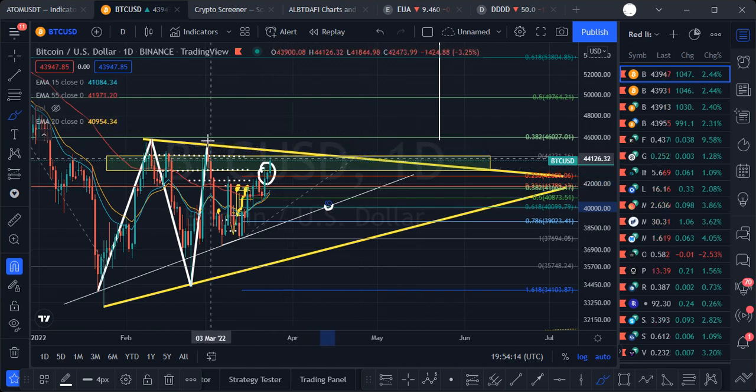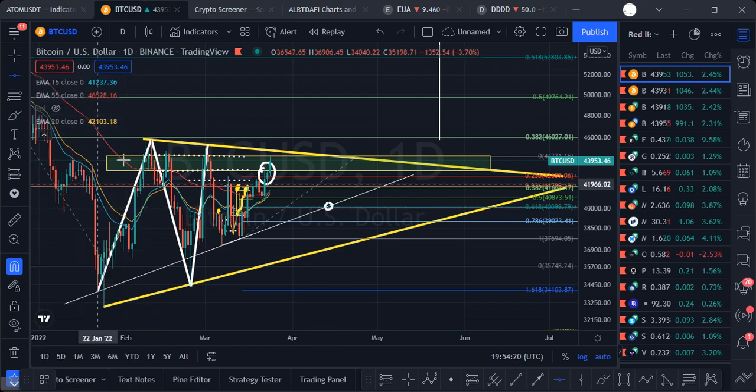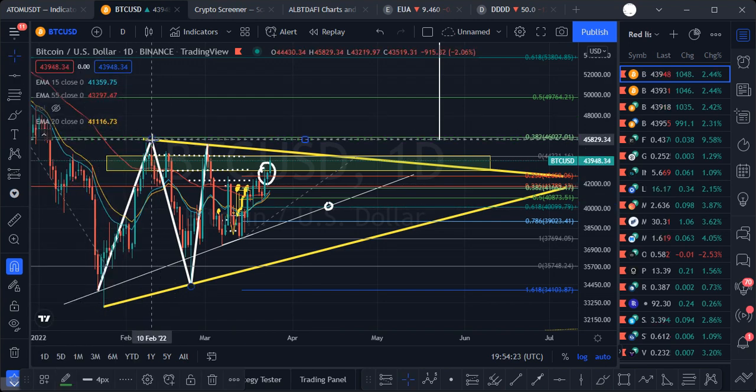Well, we might just break through this first one and then put in another parallel line here, a horizontal line, excuse my mathematical inconsistency, at 45.8%, sort of 45-ish zone.